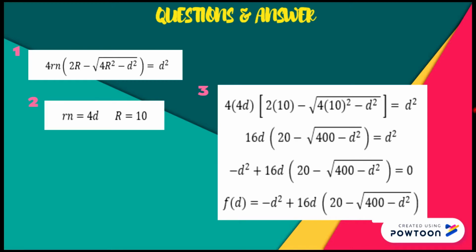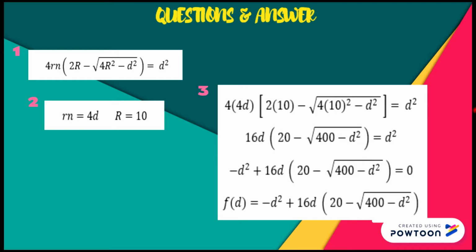As you can see, the equation given by the question is 4Rn in the bracket 2r minus sec 4r squared minus d squared equal to d squared. The question also wants us to use the bisection method to find the value for d by considering the initial interval 0, 5.